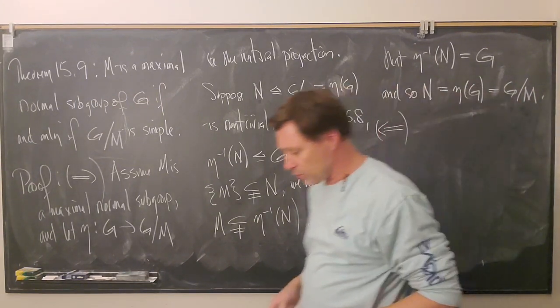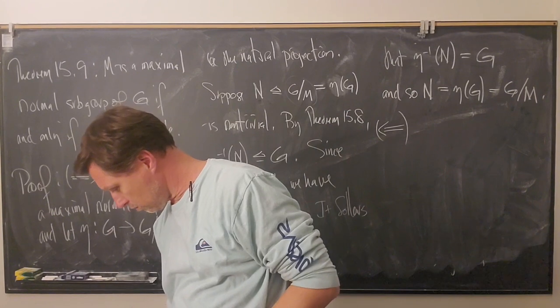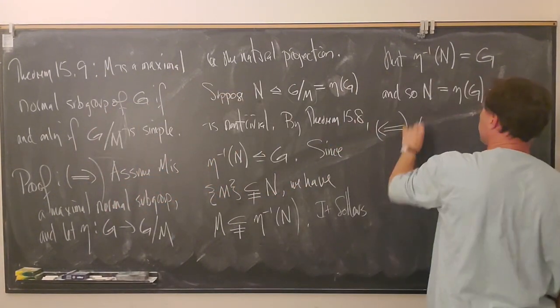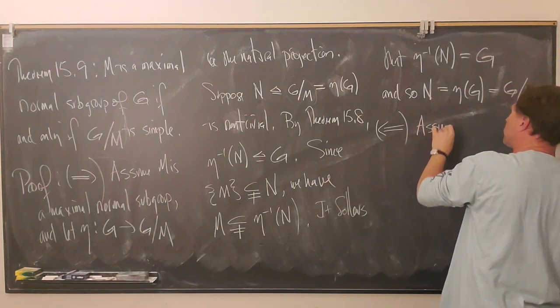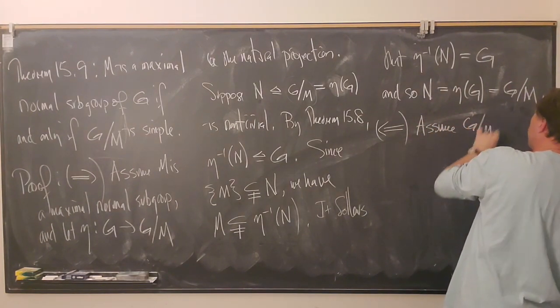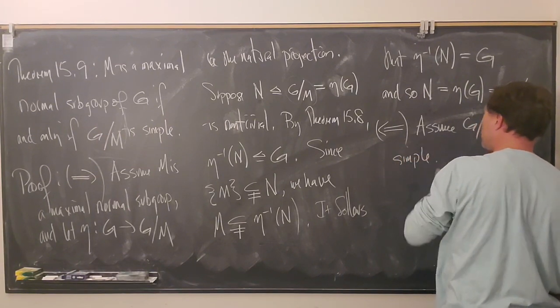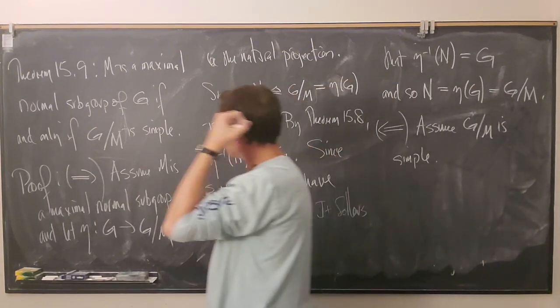Okay, so now in the reverse direction, let's assume G mod M is simple, and now our job is to, let's see, what do we need to do?